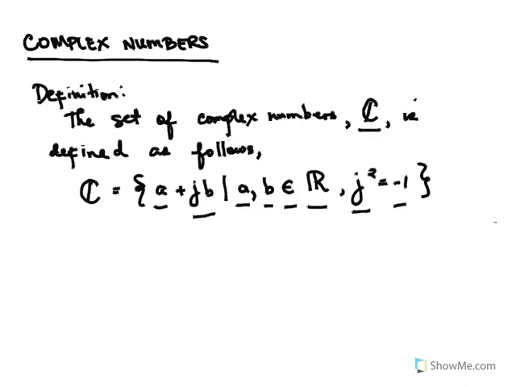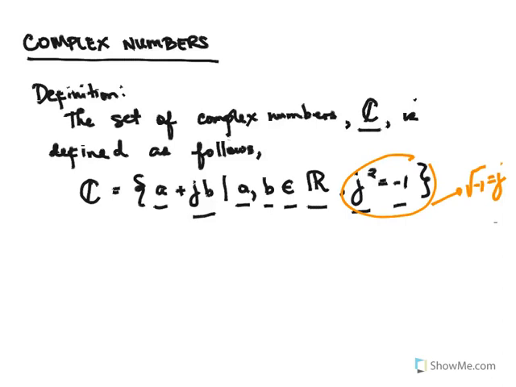And so it follows from this definition that if j squared is equal to -1, then the square root of -1 is equal to j, if you take the square root of both sides.